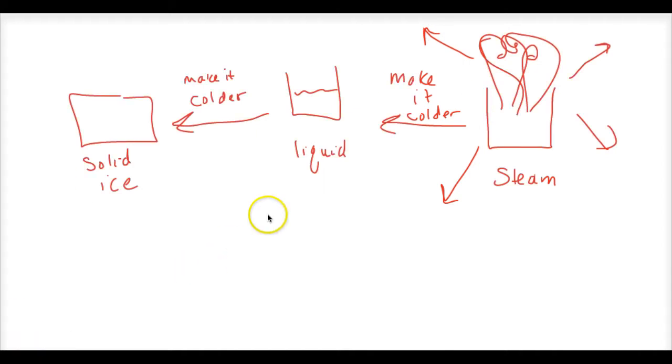Maybe the situation for the heat to be leaving the system is that we have put these things into a refrigerator or freezer so that the heat can move out of the system and into the environment. So again, the heat has to leave the steam in order to change into liquid. And in order for the liquid to turn into a solid, heat has to leave.